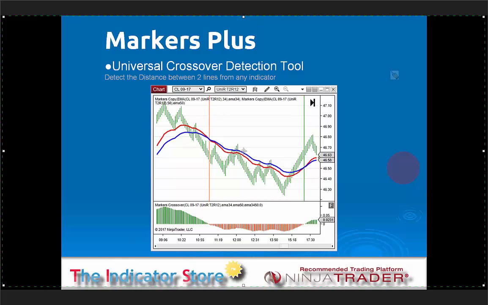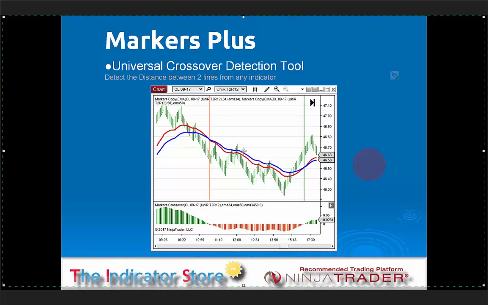Markers Plus has several universal tools that are so powerful. I'm actually going to use the crossover detection tool to create the system that I'm going to show you guys in about 5 minutes. And the cool thing about this is you can detect a crossover of any two lines. Now, not just moving average lines like what we see on the chart here, but any two lines you can think of.